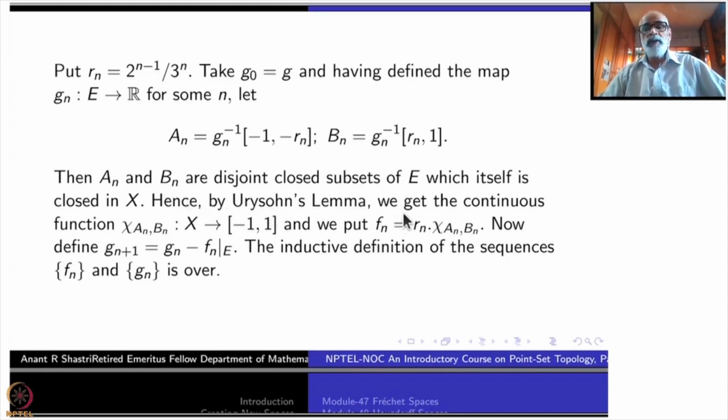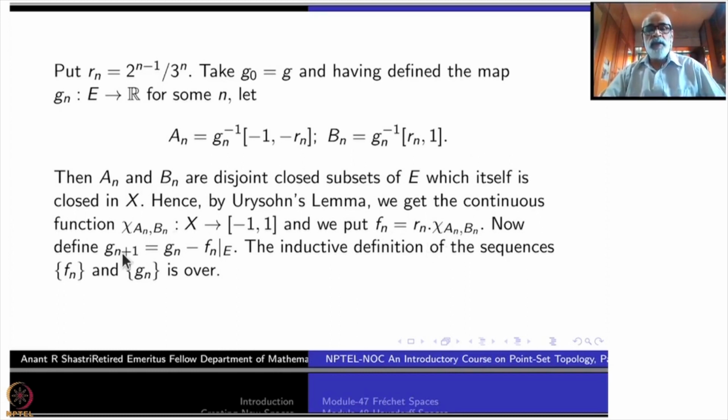Hence, by Urysohn's lemma, we get a continuous function chi An Bn from X to [-1, 1]. Remember, this chi An Bn is a continuous function which has the property that on An it is equal to minus 1 and on Bn equal to plus 1. That is all we are going to use here. After that, we put Fn equal to Rn times chi of An Bn.